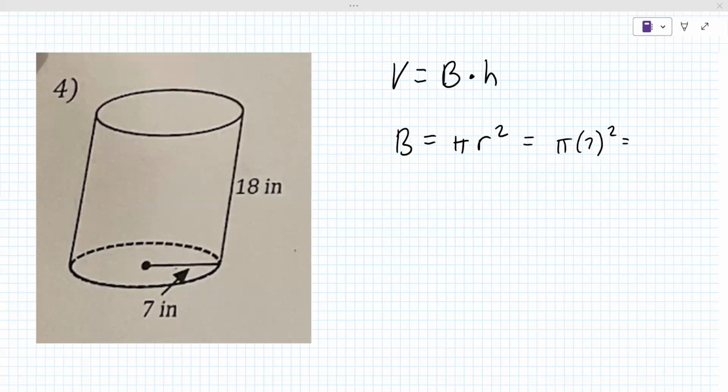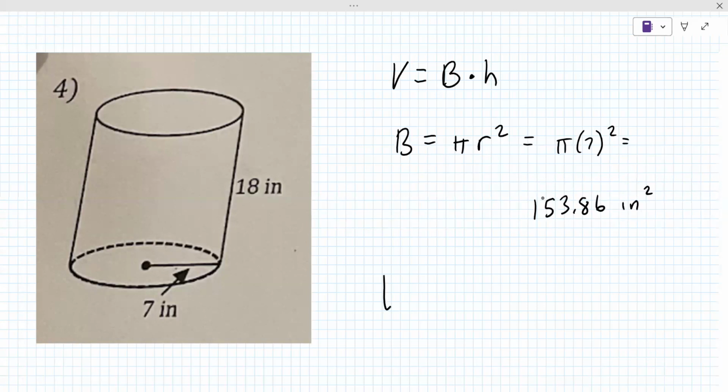Okay. 153.86 inches squared. That's fine.